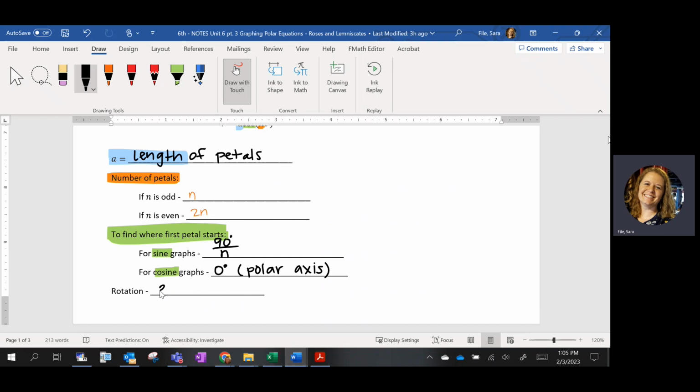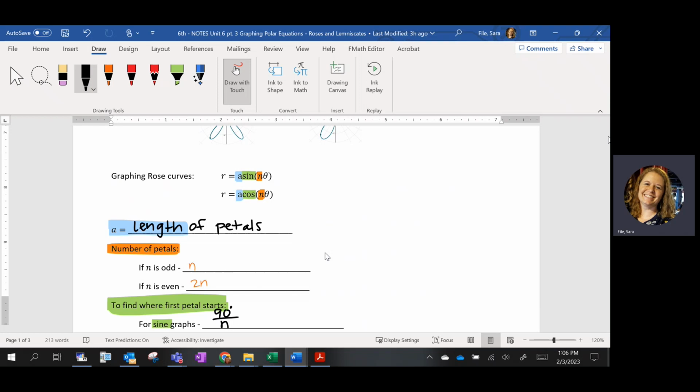If I want to equally space my petals, I'm just going to do 360 divided by the number of petals. The first one starts at 0, or whatever this comes out to for sine, and then you space them out by however much that is.